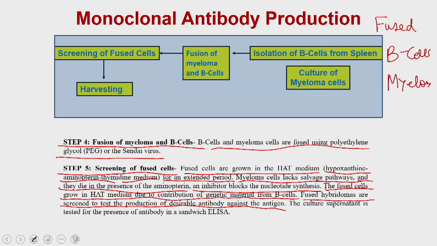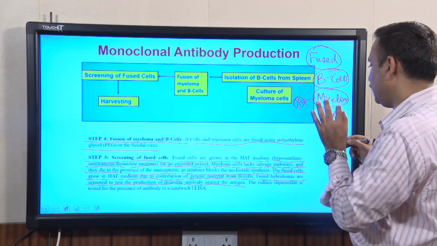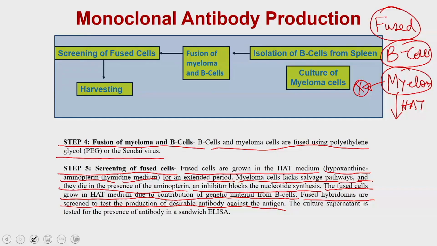Now, once you put these 3 different types of cells in the HAT media, the myeloma cells do not have the salvage pathway, which means they cannot utilize the preformed precursors of the nucleotides. If they had a salvage pathway, they could use the nucleotide precursors and run the salvage pathway to synthesize the nucleotides.